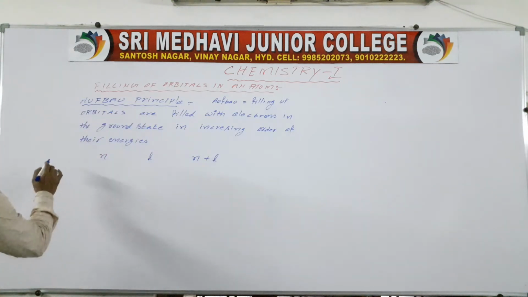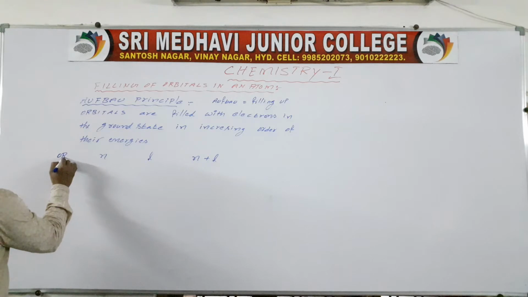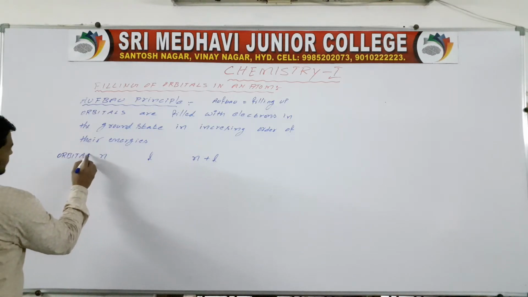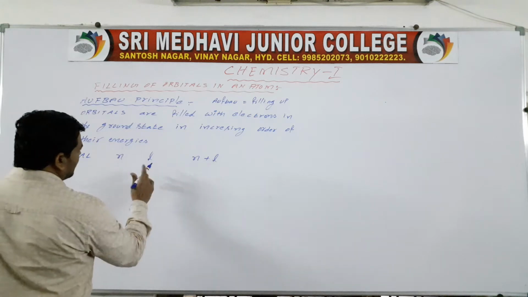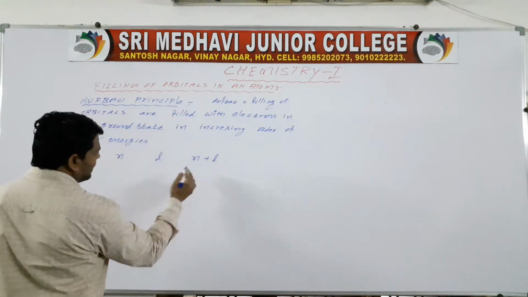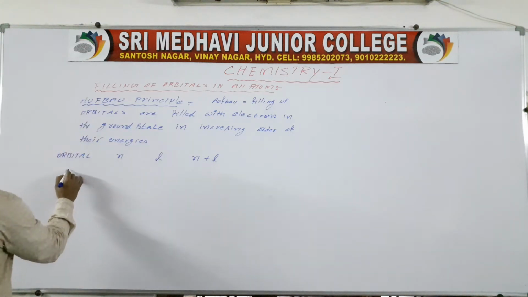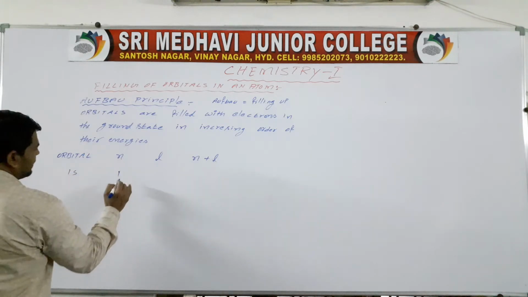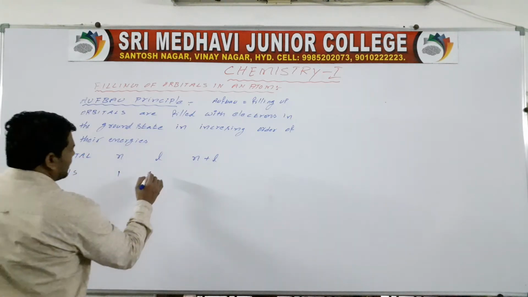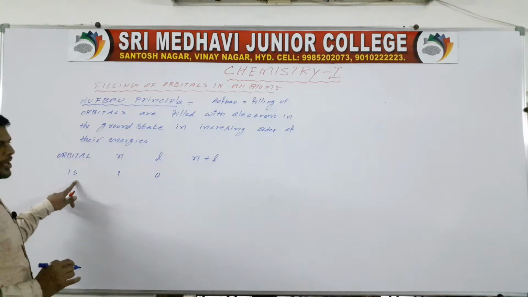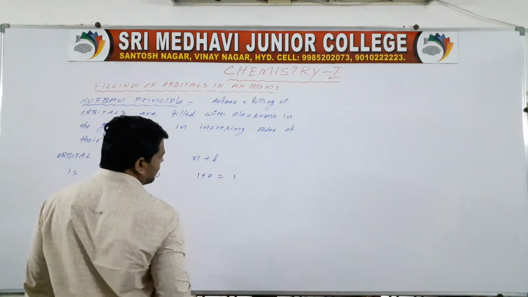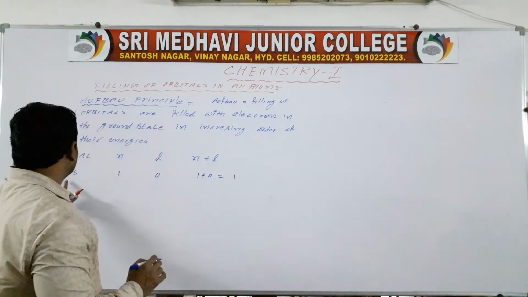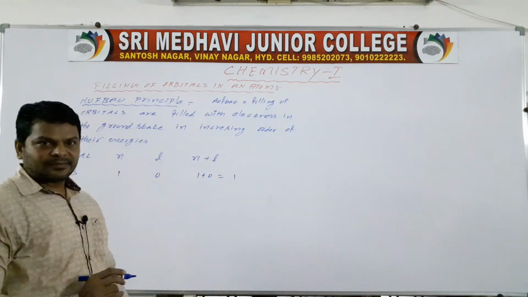The orbital is 1s, n value is 1, l value is 0 for an s orbital. So 1 plus 0 means 1. So first electrons enter into 1s.